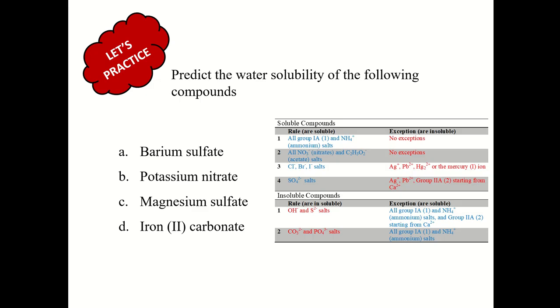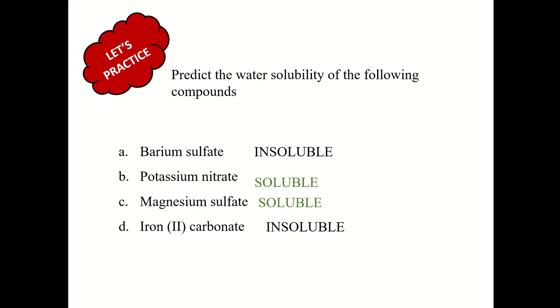Sulfate, if you look at the sulfate, they are always soluble unless they are connected to silver, lead, and group 2. But magnesium is before calcium, so it will be soluble. Iron 2 carbonate. Carbonate is not soluble unless it is connected with group 1 or ammonium. Is not the case because it is connected with the iron, so it will be not soluble. Okay? Not so hard.